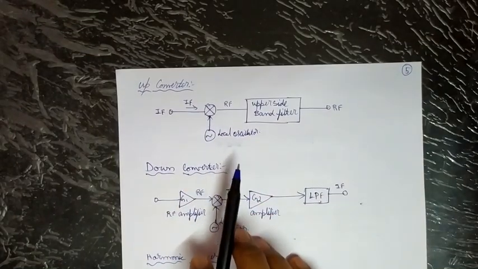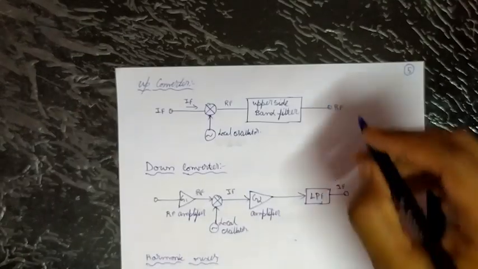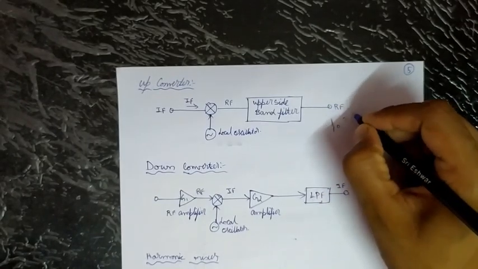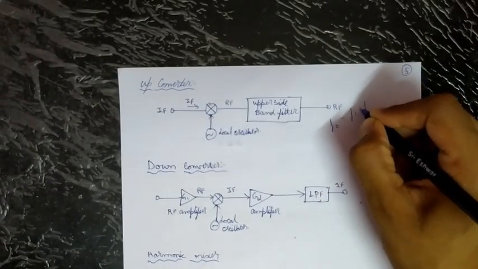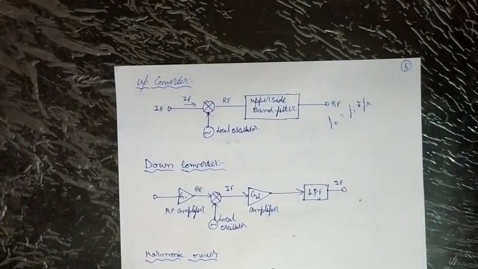When a mixer is used as an up converter, the sum of frequencies is utilized, F out equals F in plus F R, and the difference of frequencies is rejected.